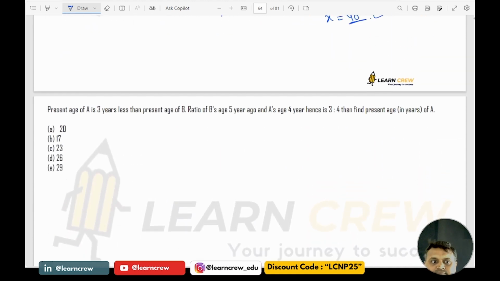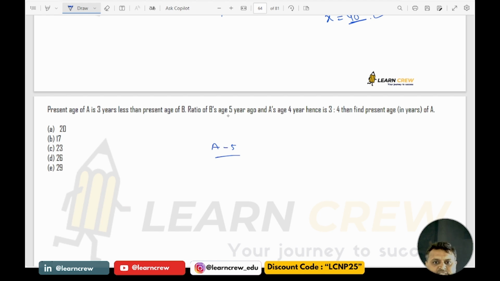Next. Present age of A is 3 years less than present age of B. Ratio of B's age 5 years ago and A's age 4 years hence.